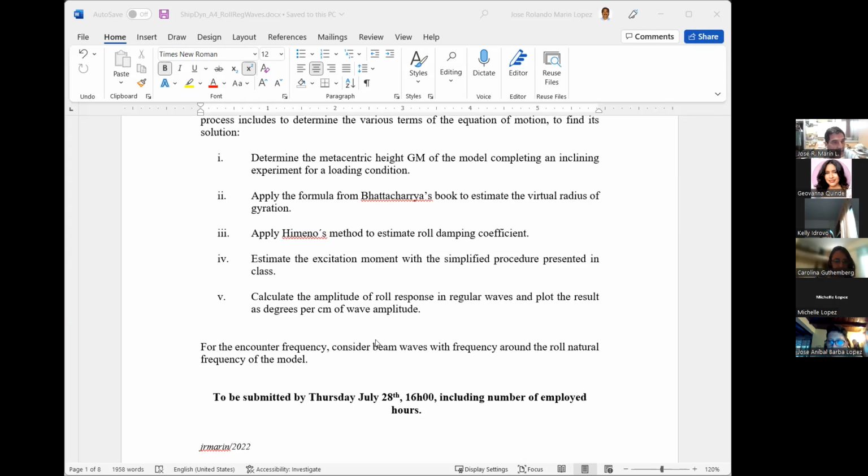The idea is that we plot the response in the region where you have resonance. So you center your excitation frequency at the natural frequency, and you take frequencies a little bit below and a little bit above. So you see an increment and then a reduction. Again, all of this we're going to check in the second part.